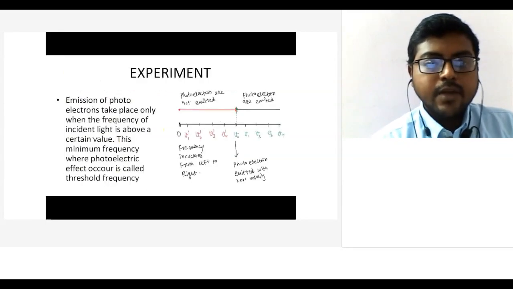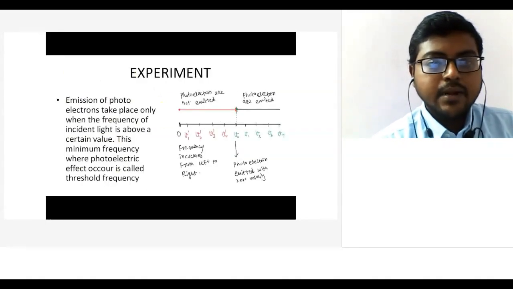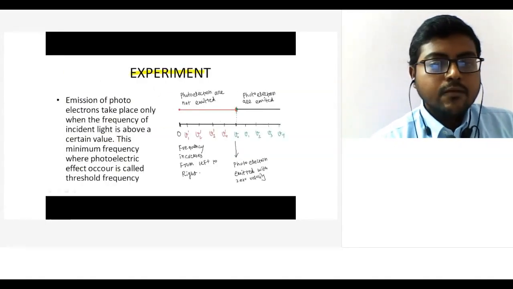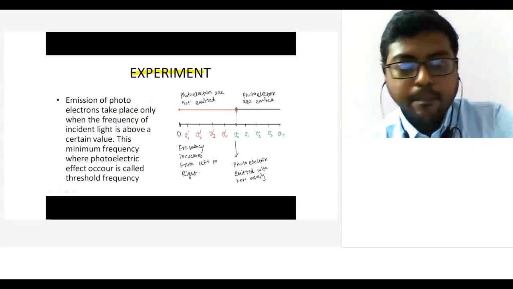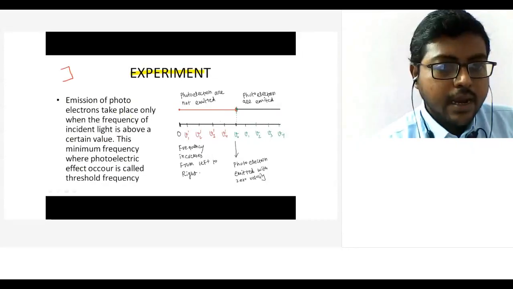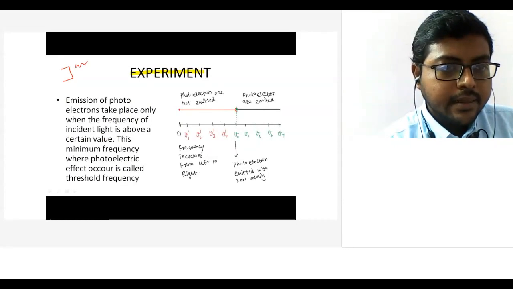So we are conducting an experiment here, in which we take a metal surface and vary the light frequency.